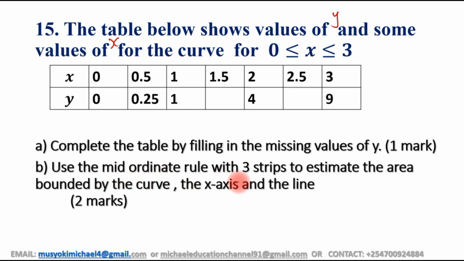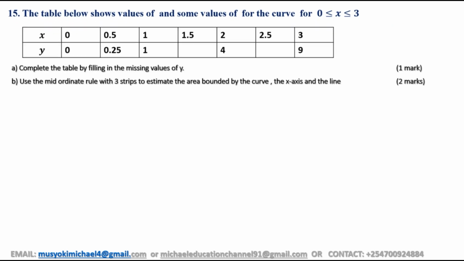We are required to complete this table by filling in the missing values of y, and also use the mid-ordinate rule with 3 strips to estimate the area bounded by the curve, the x-axis and the line.